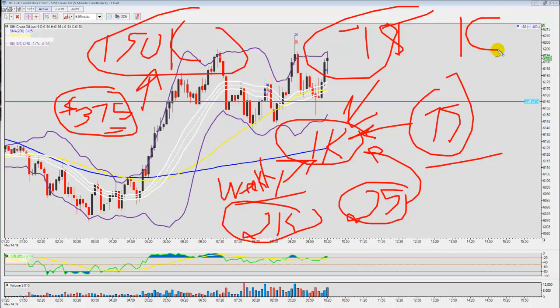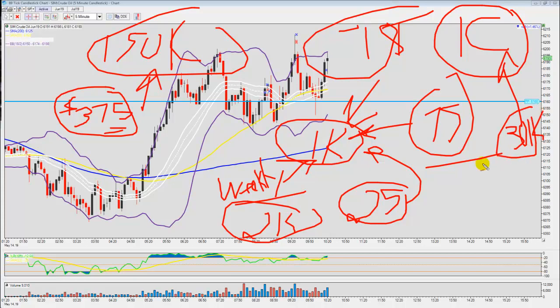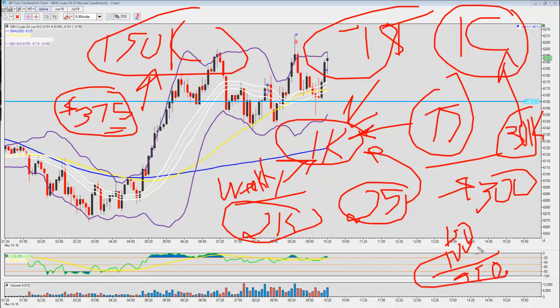So what I ended up coming to a conclusion is that you can only trade one contract. And if I'm only going to trade one contract, then I might as well be at the 30K account, because I'm not willing to give them $300 a month. I'm willing to give them 150 and a reset around 250 a month, rolling 30 days.